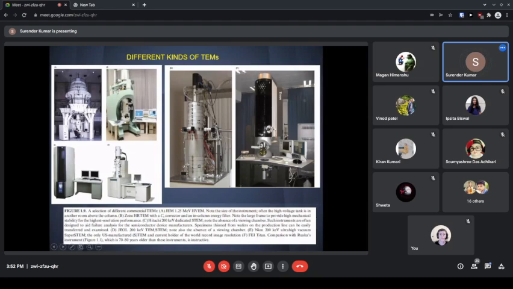This is a huge machine, but 100 to 300 kilo electron volt, even 400 kilo electron volt, is not common. Like 100 kilo electron volt, mostly people from a biological background use this. For materials it also works, but mostly you have 200 kilo electron volt.